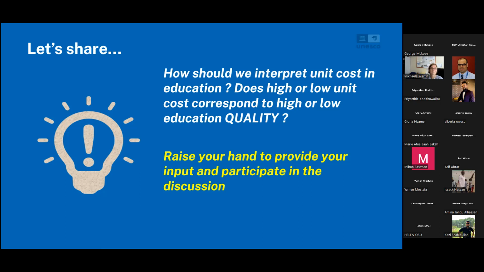It goes with the books. It goes with the learning environment. It goes with the teaching and learning aids that the teacher is using. So for me, when the unit cost is high, it may have a lot of influence on the quality of education. And this is what has been happening.